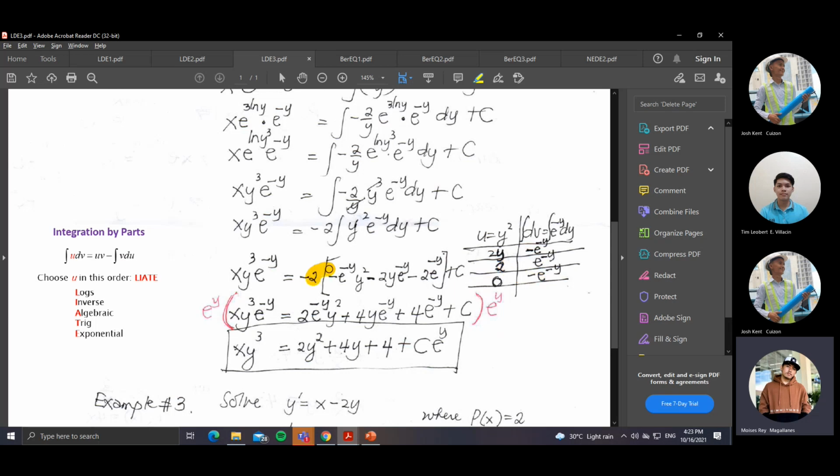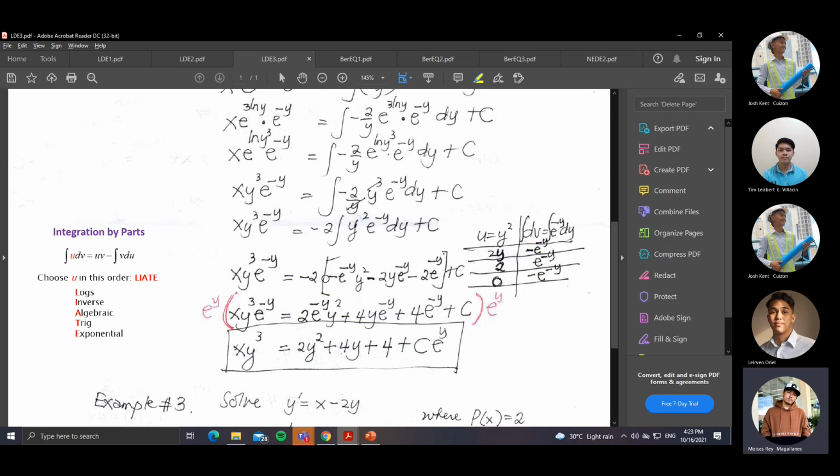And then we distribute: positive 2e raised to the power of negative y squared, plus, since negative times negative is positive, 4y e raised to the power of negative y, and then plus 4 e raised to the power of negative y.